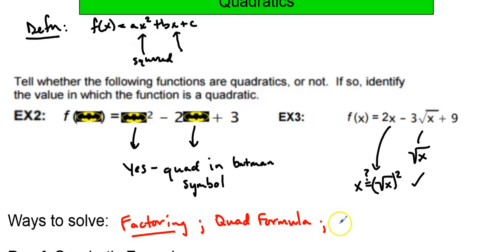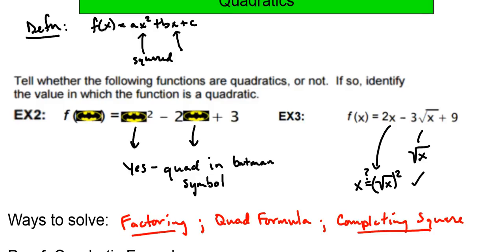Number three way to solve is completing the square. All of these you should be familiar with. If you're not good with completing the square, for instance, which tends to be the toughest one, make sure that you are solid with that. There's plenty of materials and you can come in and ask questions if you need to.